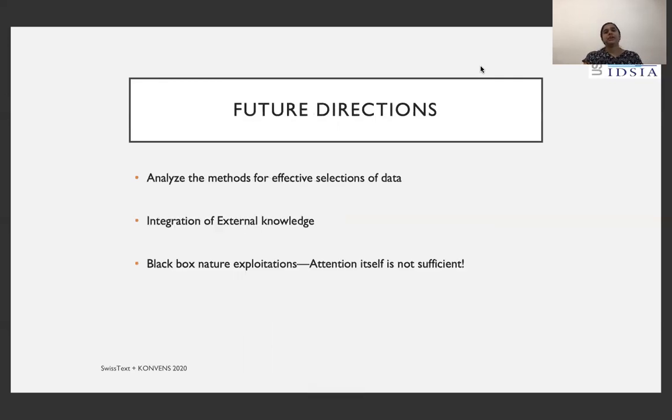In future, as discussed, we want to analyze more methods for effective sample selection, and integration of knowledge bases is another direction. Then we want to dig more into the explainability of the neural models.